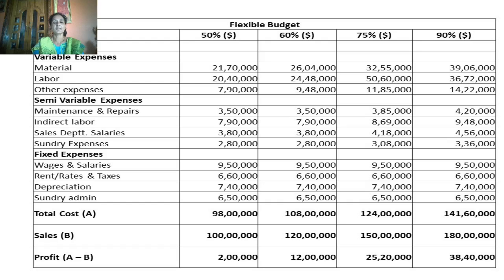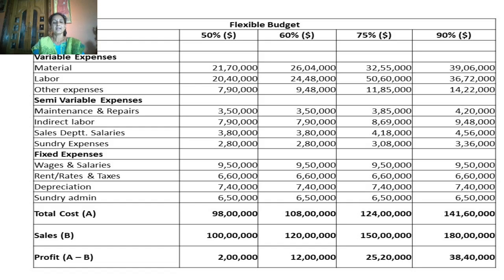Similarly, for indirect labor also, taking the base of 7,90,000, you add 10% to that. When you add 10% to 7,90,000, 79,000, it becomes 8,69,000. For sales department salary, 3,80,000. Again, you have to add 38,000, the 10%. If you add, you will get 4,18,000.